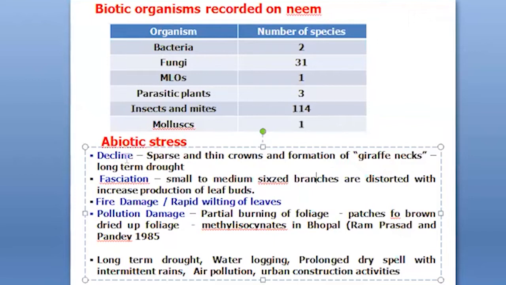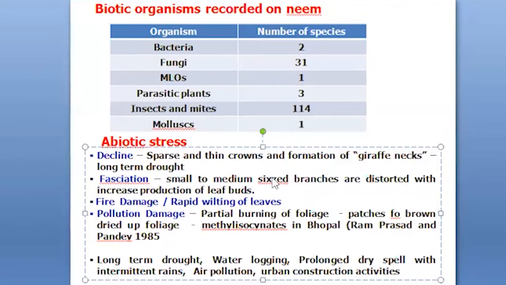Decline is nothing but a stress plus a pathogen associated, where the crown region of the tree elongates and all the foliage falls down, so it appears as a giraffe neck. This may occur due to prolonged drought also.